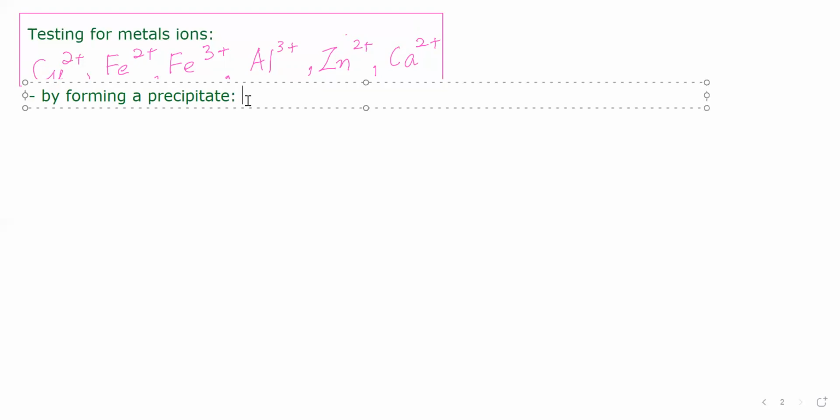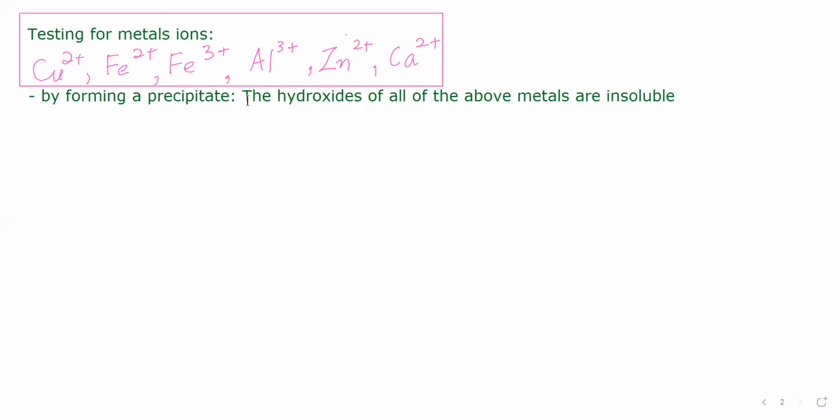So I should write here: the hydroxides of all of the above metals, copper, iron 2, iron 3, aluminium, zinc, and calcium, are insoluble. We have already learned what insoluble means: the one that does not dissolve.